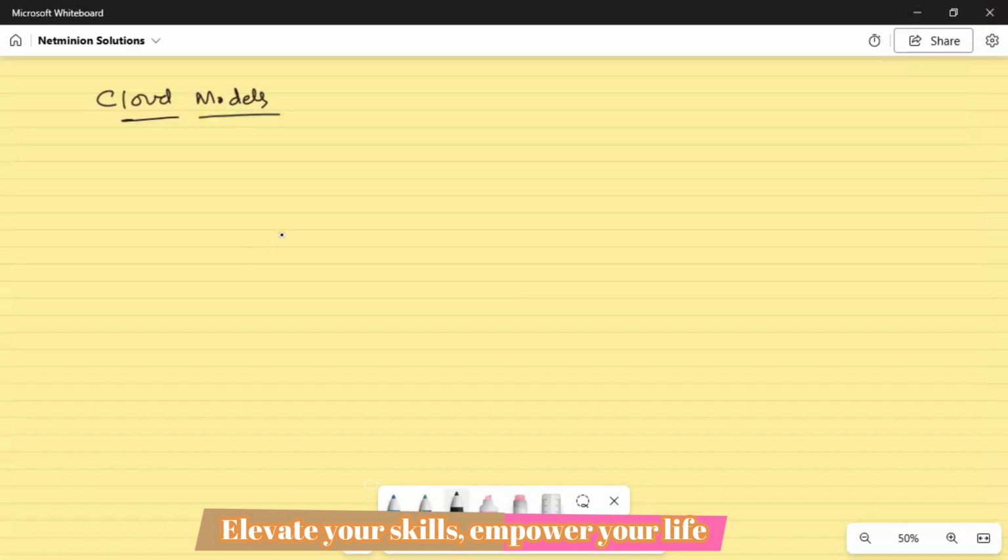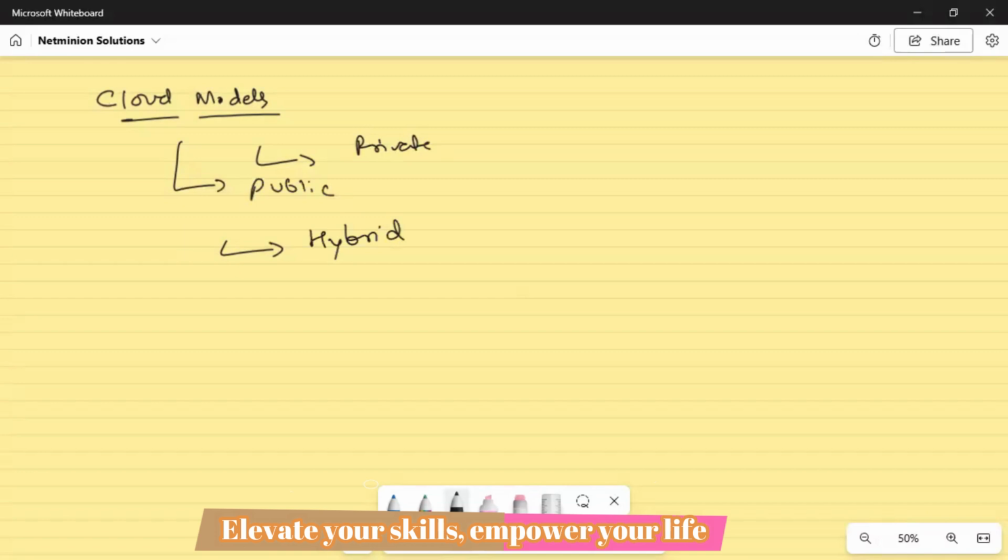It means the deployment type of cloud resource. In a cloud model, you can have one of three types: a private cloud, a public cloud, or a hybrid cloud. Cloud deployment models can be categorized into these three parts depending upon who owns the infrastructure and who can access it.